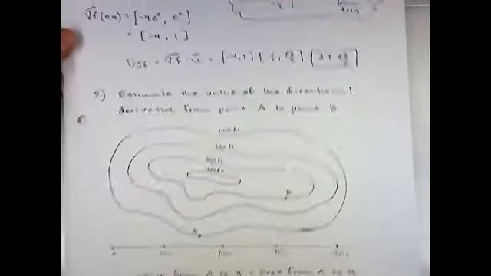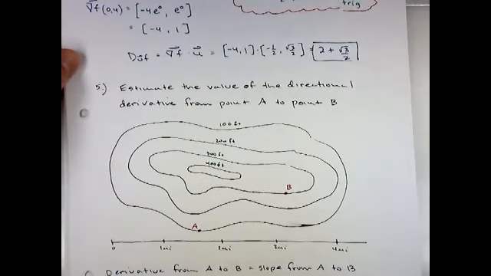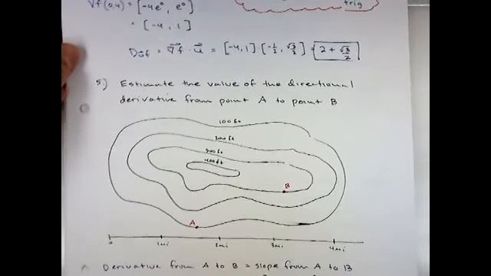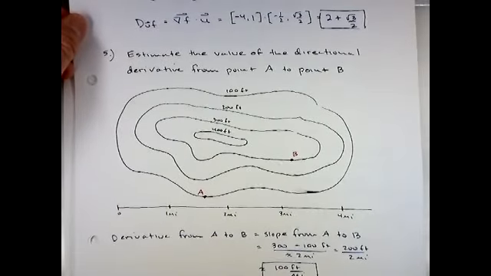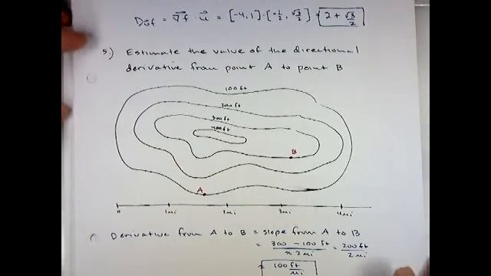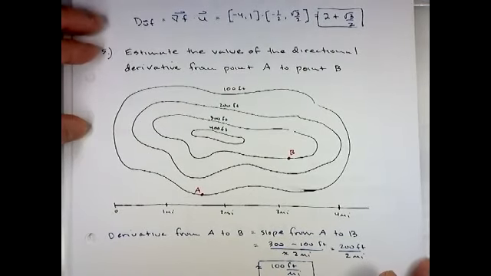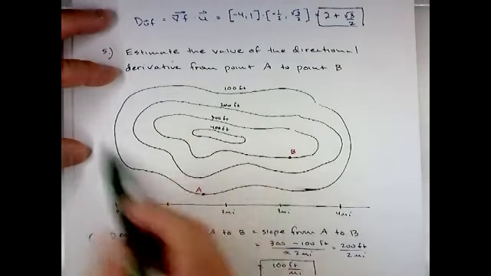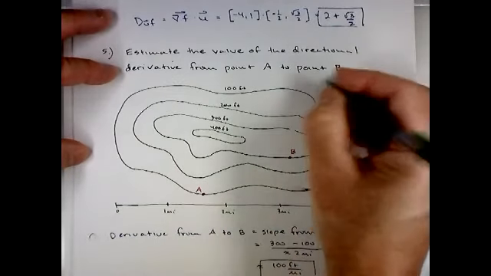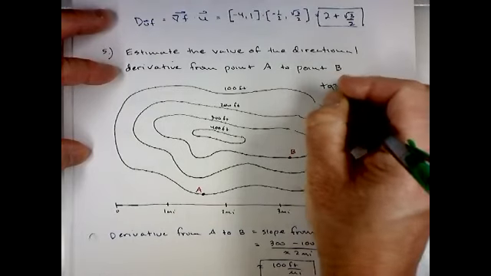Okay, last example. I think you need to also be able to view a directional derivative now that you know what it is. A lot of times you're not going to be given a function. A lot of times the way to think about directional derivatives is from a contour plot, and knowing how to read a contour plot. So what I have here is actually a topological map.